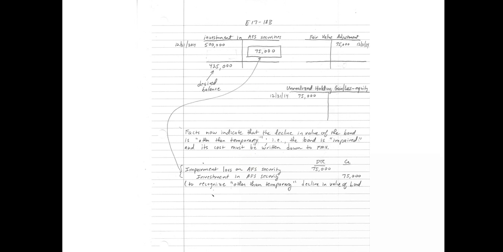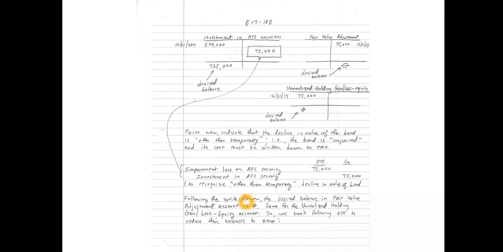This is the journal entry to recognize the other than temporary decline in the value of the bond. That impairment loss on available for sale securities is just going to be a plain old loss account that appears on the company's income statement.